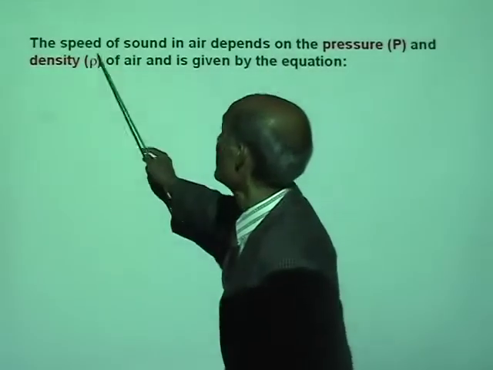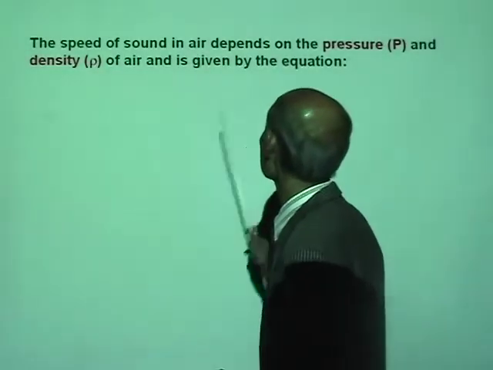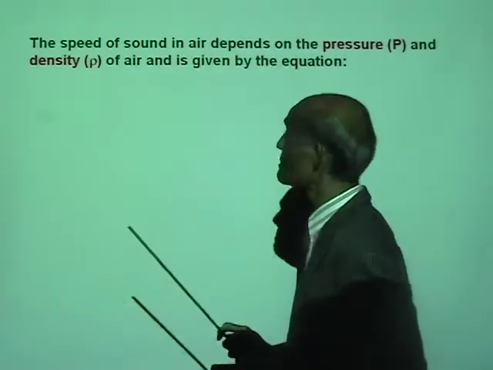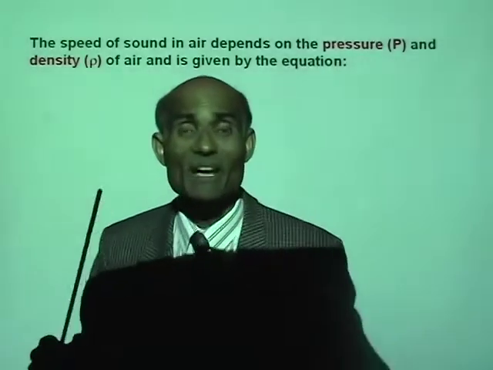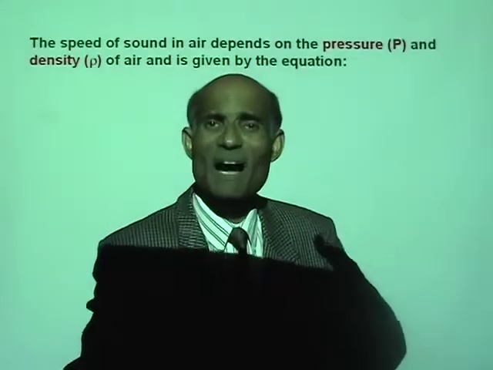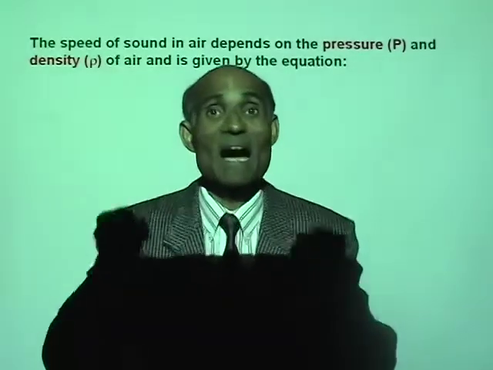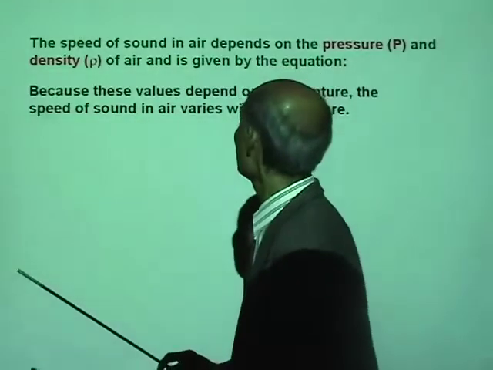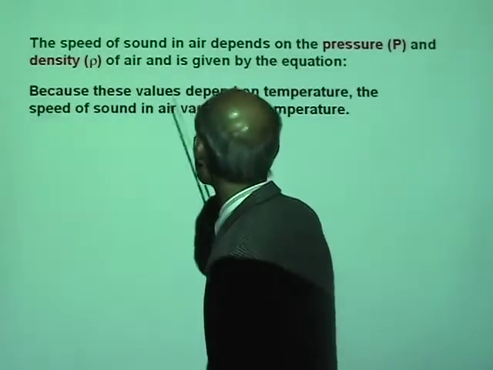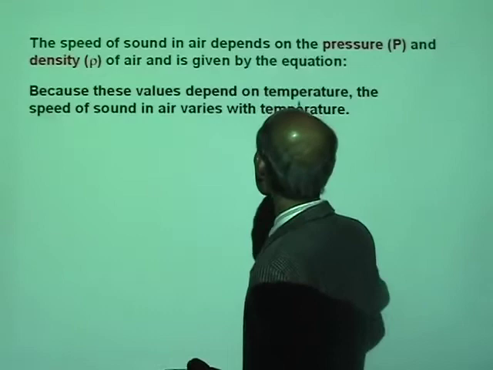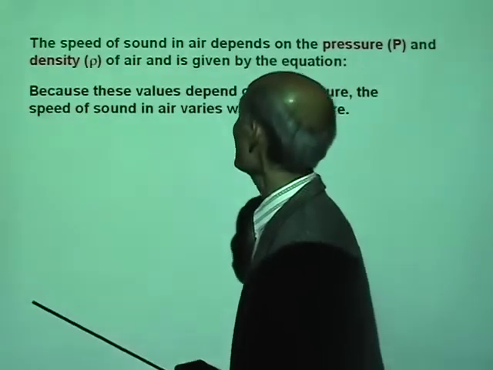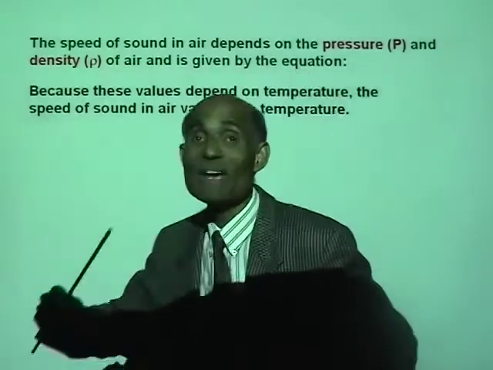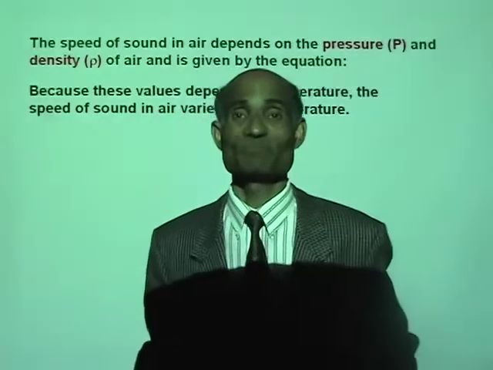As I told you, the speed of sound in air depends on the pressure P. You see, air is characterized by its pressure and density. And because these values depend on the temperature, the speed of sound in air varies with temperature.